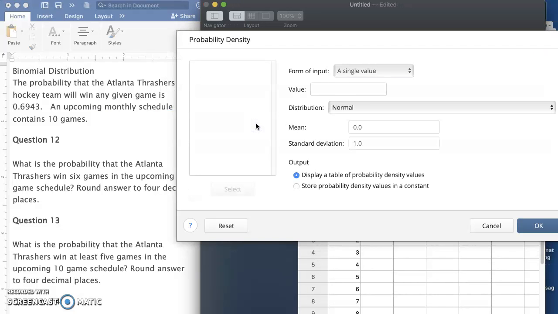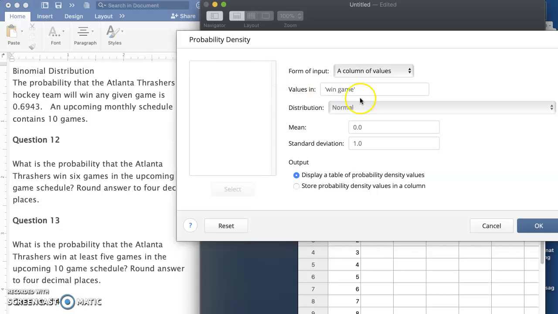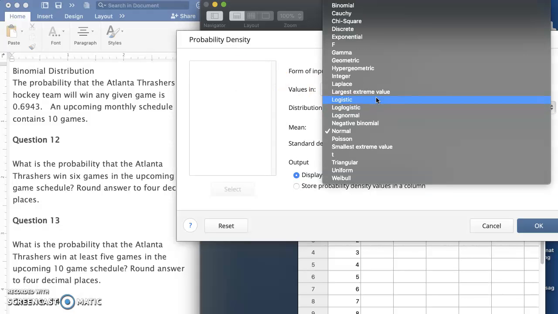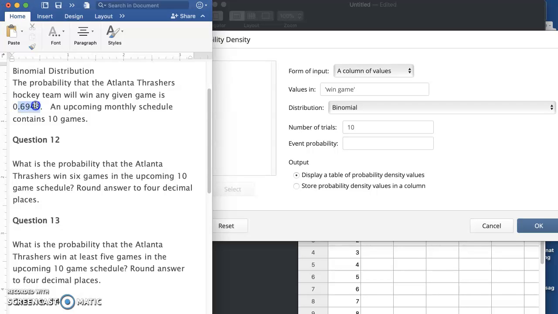So probability density, and I have everything in a column, so put column. My values are in that column, which is C1. The distribution is a binomial distribution. The number of trials, remember it said 10 games. And the event probability they gave us over here, which was 0.6943.